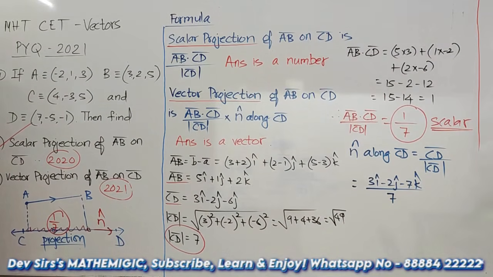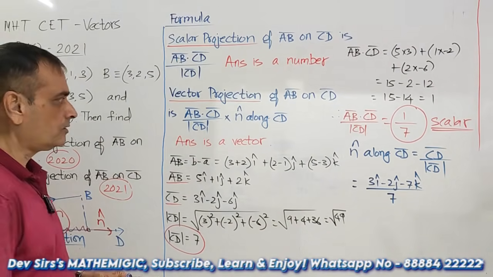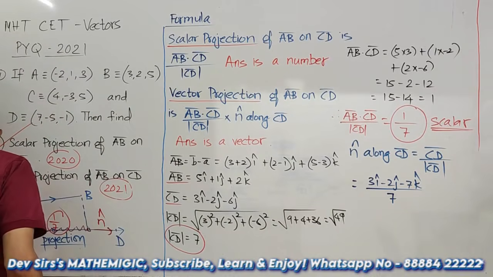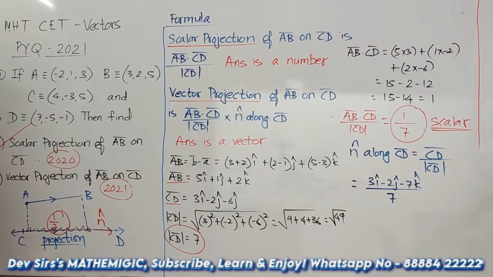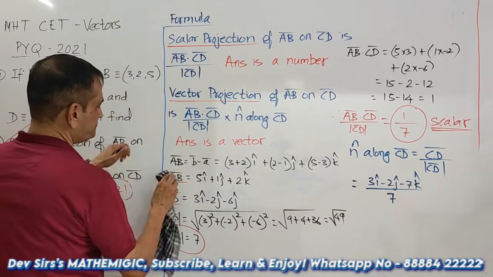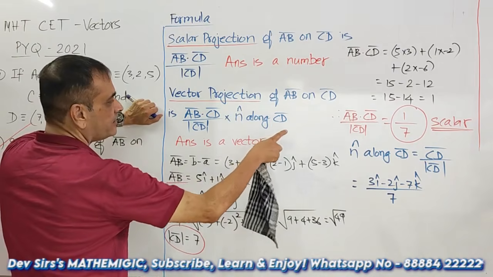Everything is there. Just substitute over here and get the answer. I will just rub this part so that we can simply write the answer. Is everything here? Okay? AB dot CD is also there.